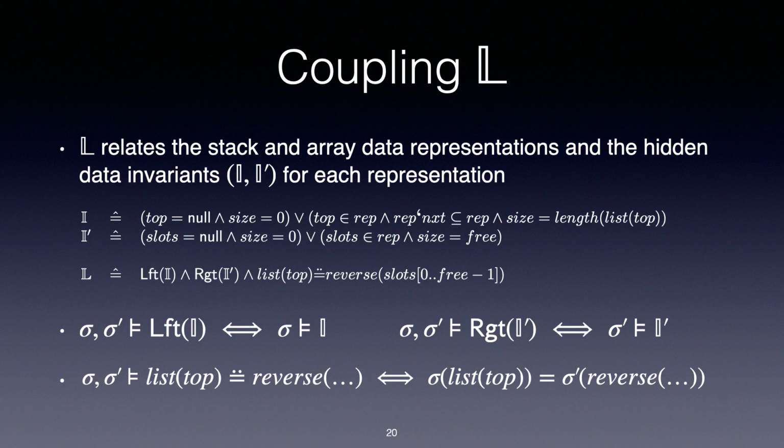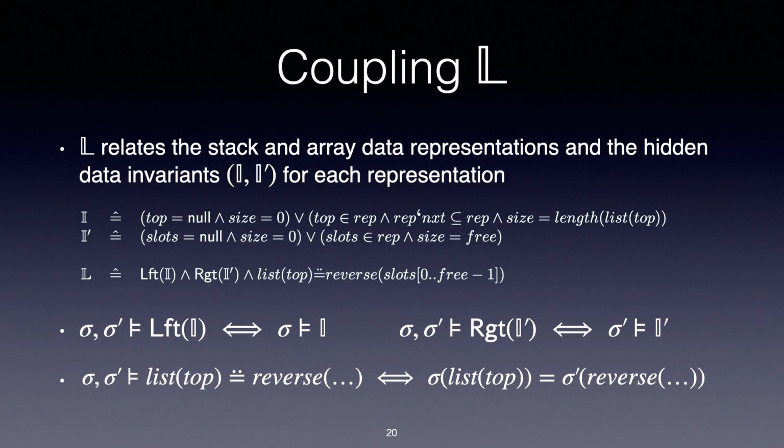What this is saying is that the mathematical list that you obtain by traversing from top is equal to the mathematical list that you obtain by considering the values in the array slots 0 to free minus 1 and reversing that.